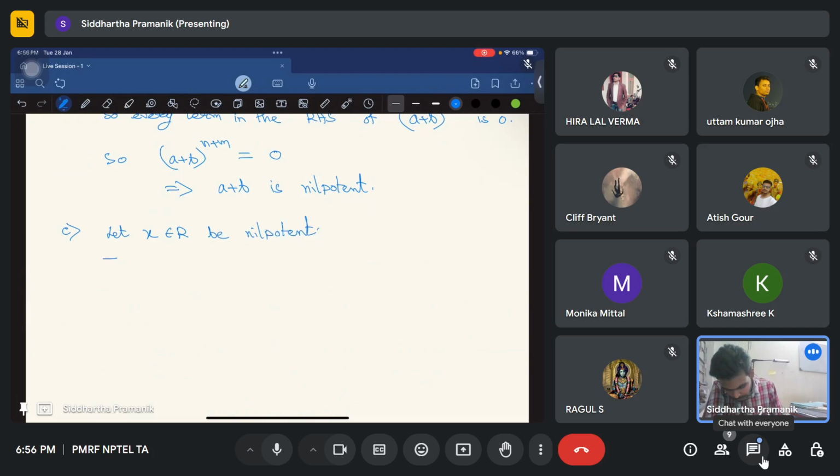Then x power n is 0 by the definition of a nilpotent element, where n is a positive integer. We need to prove 1 minus x is a unit, so that means there exists some r whose product with 1 minus x is 1. Our goal is to prove the existence of r.